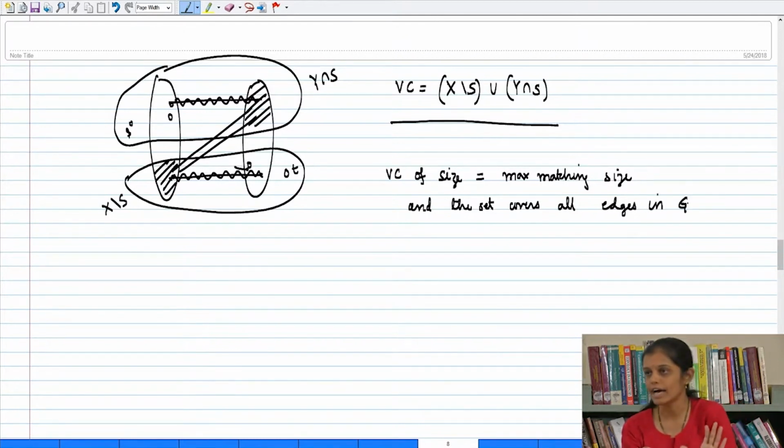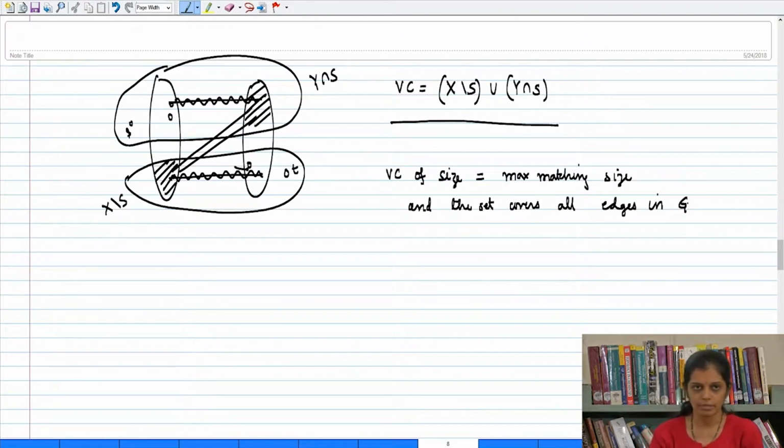Therefore it is indeed a valid vertex cover for that graph. So this proves that the size of the maximum matching is equal to the size of the minimum vertex cover in the graph, and this completes another proof of Koenig's theorem, right? So we used network flows to reprove the result, that is Koenig's theorem here.